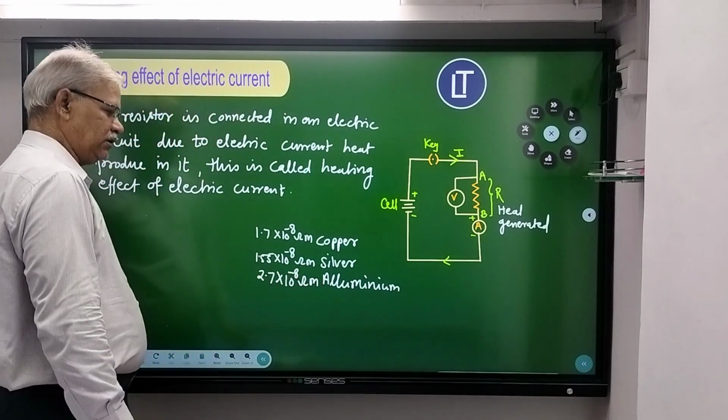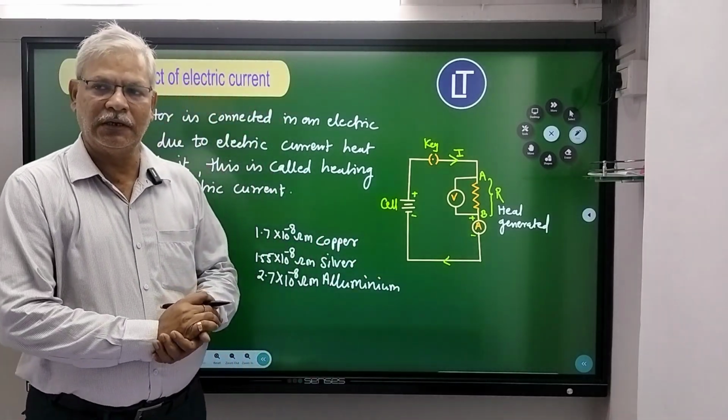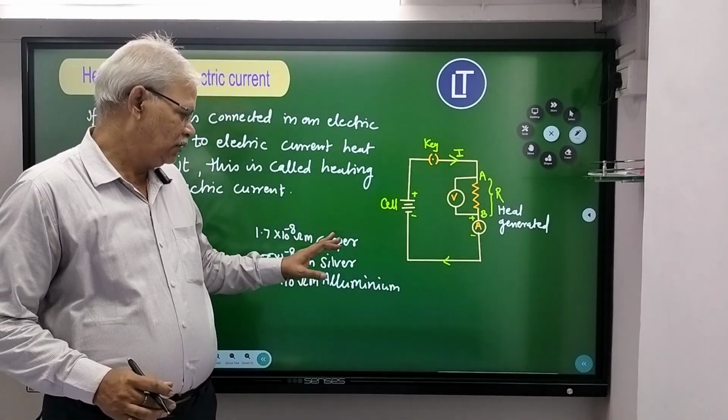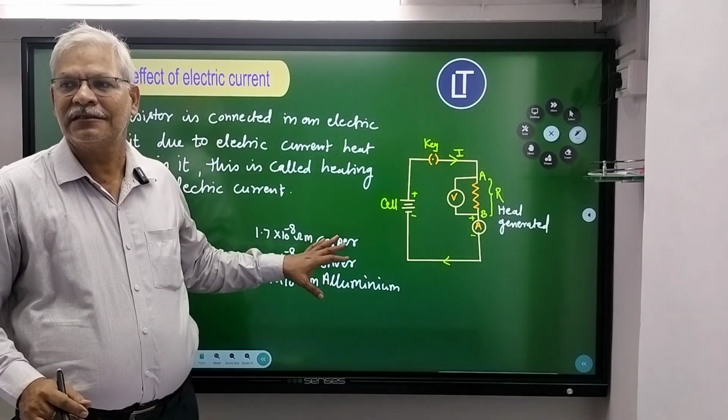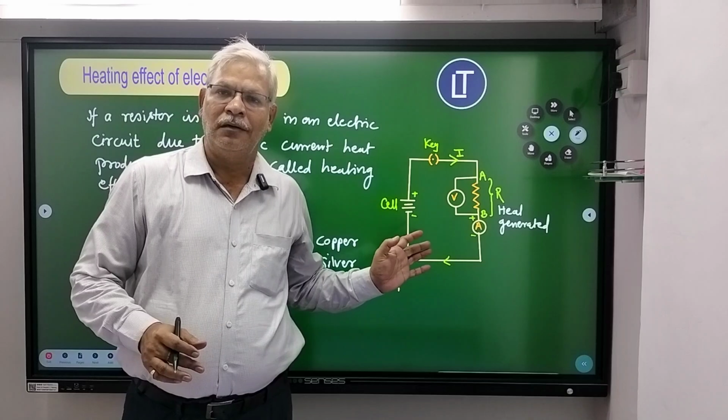These are the resistivities of the elements that offer less resistance.